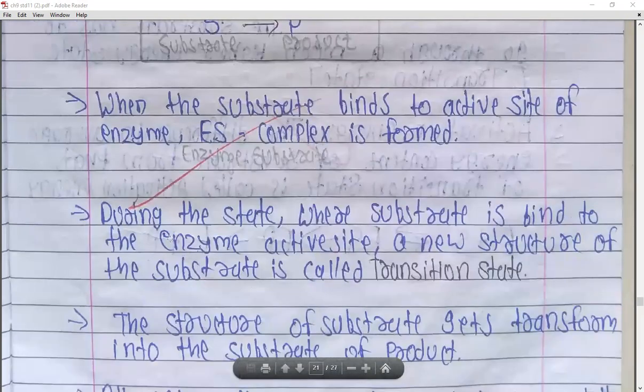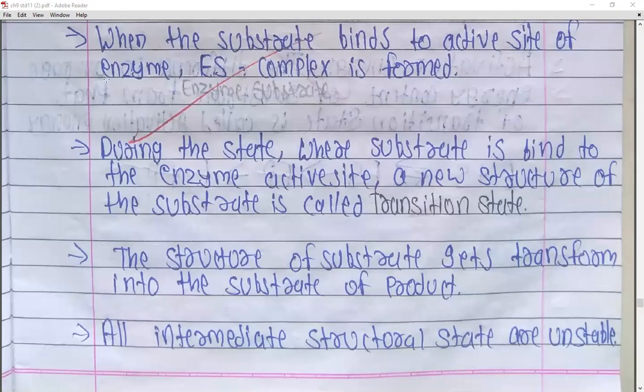Now during the state where the substrate is bound to the enzyme's active site, a new structure of the substrate is called the transition state. When the ES complex is formed, there will be some changes observed in the structure of the substrate.